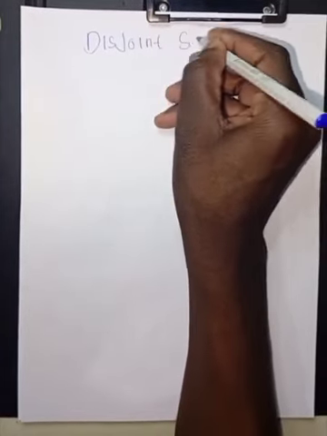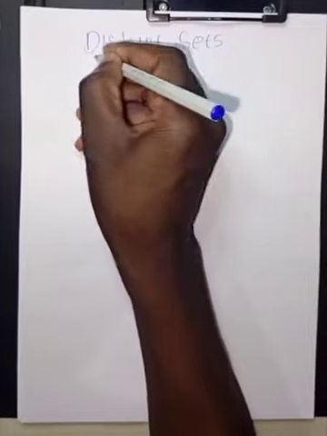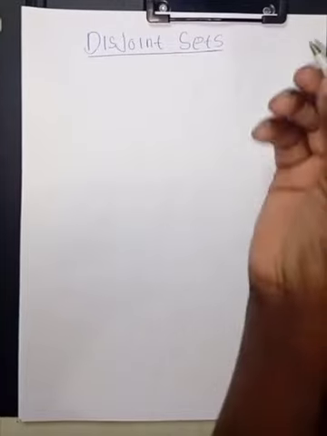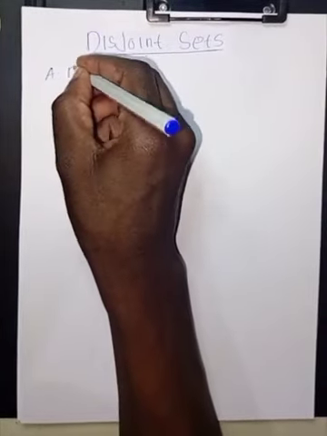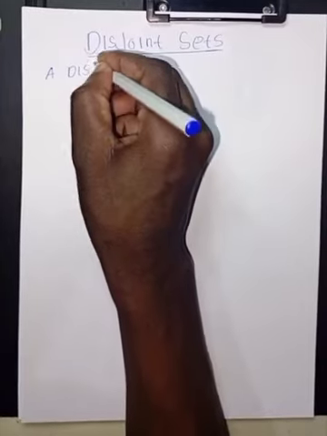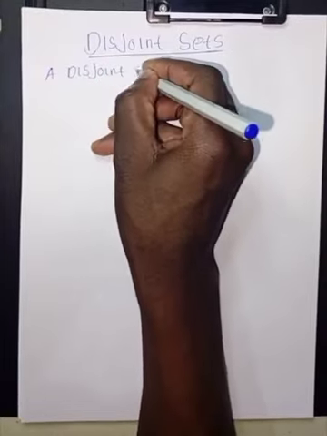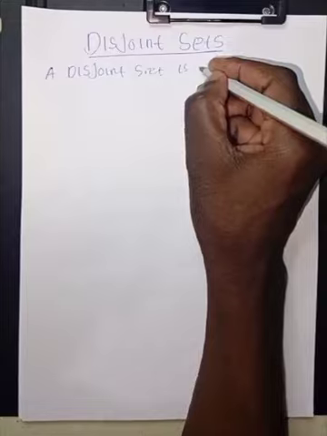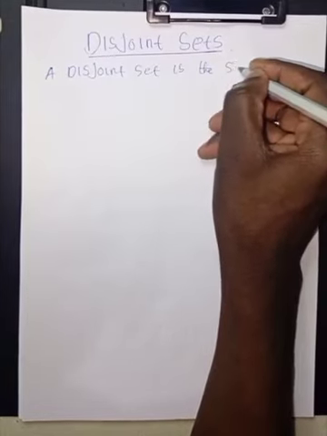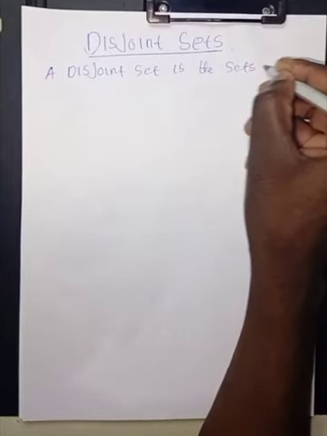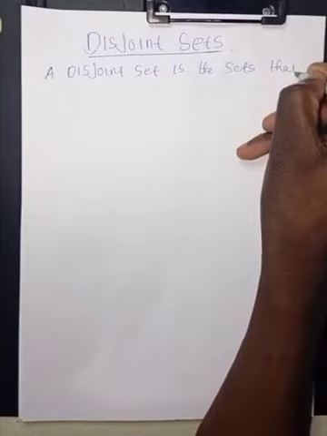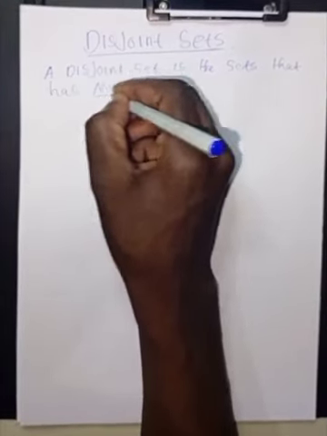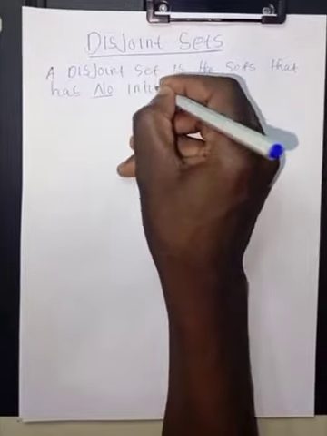By definition, a disjoint set is the sets that have no intersection.